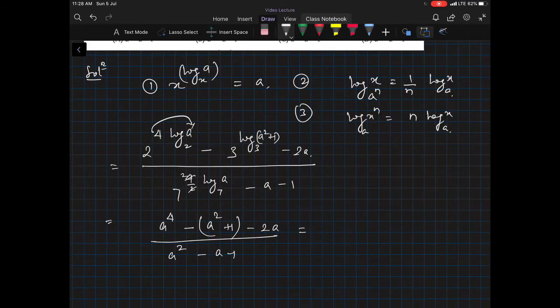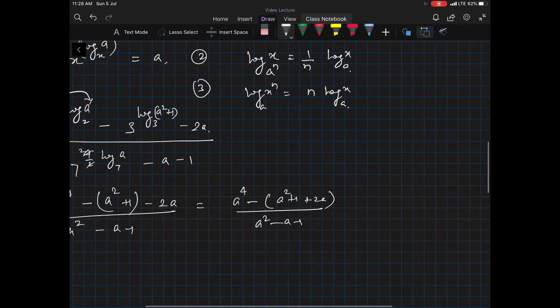So we take minus as common, and we have a square plus 1 plus 2a divided by a square minus a minus 1. So here you will get a to the power 4 minus a plus 1 whole square divided by a square minus a minus 1.